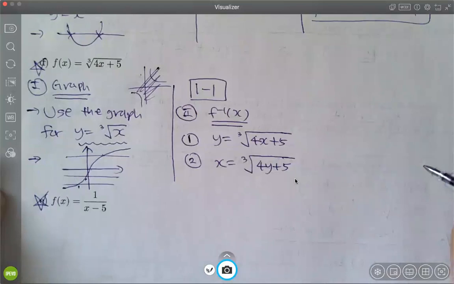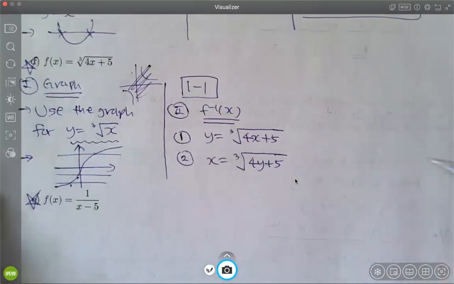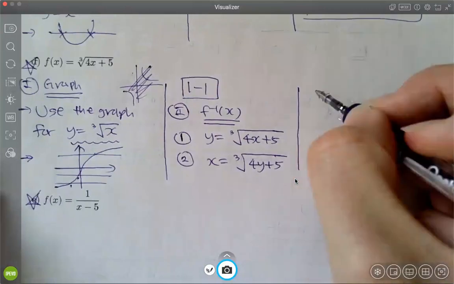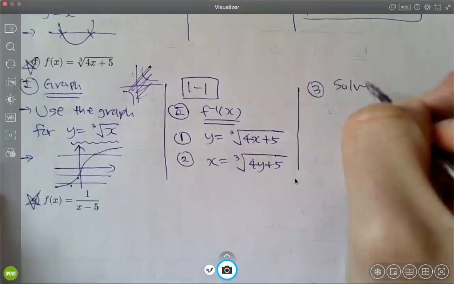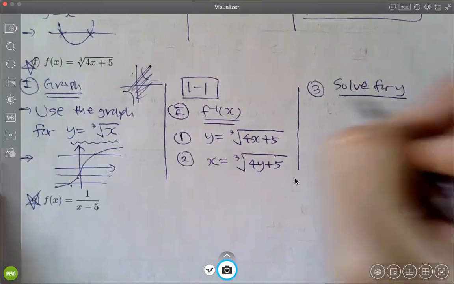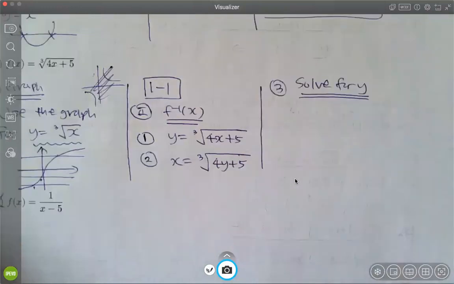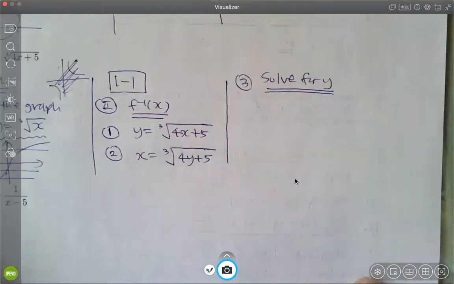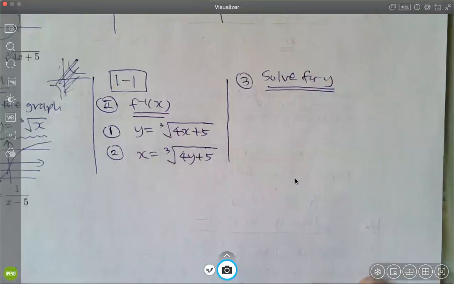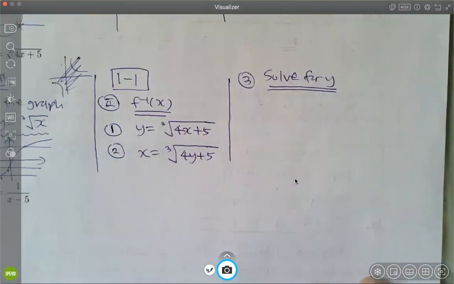Okay, and now the tricky thing here. How do you isolate y? And here there are 3 steps that need to be done to get y by itself.